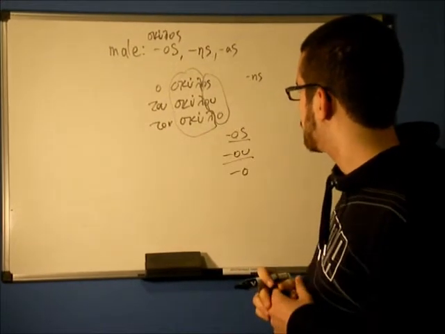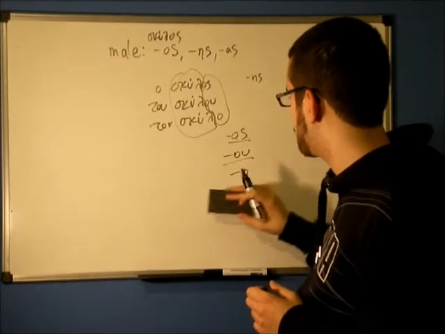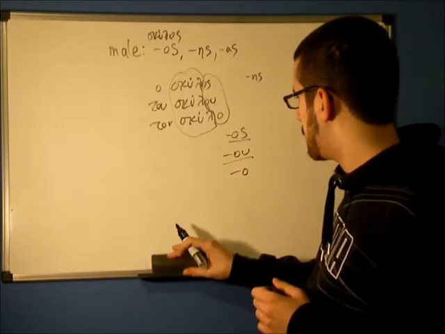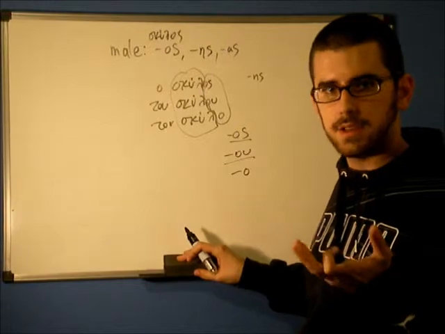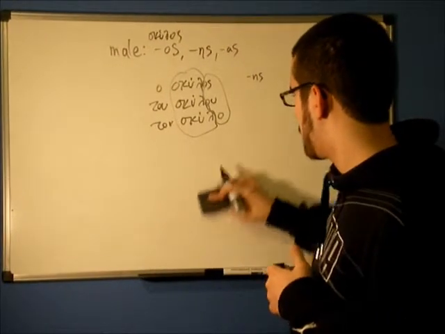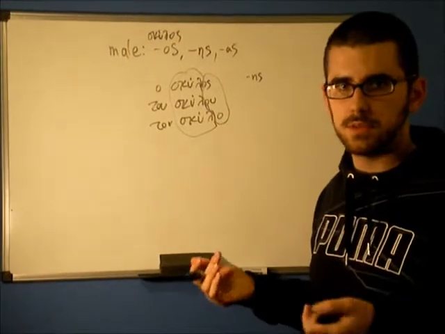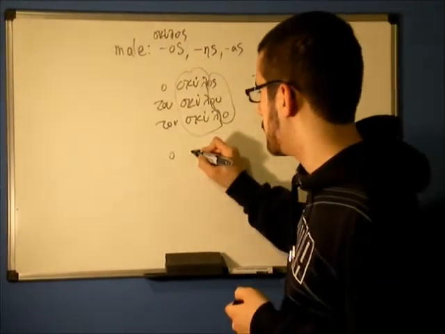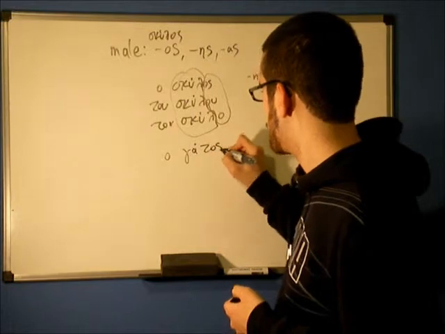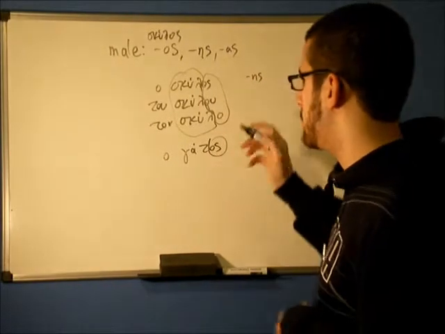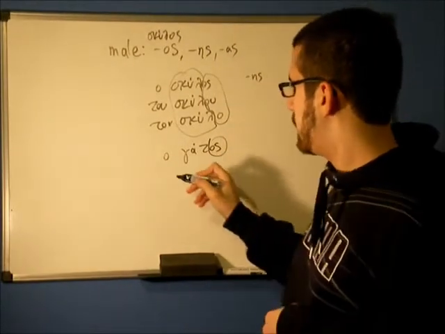If you want to say the cat, but the male cat, right? You can use the cat, which has two genders by changing the suffix from male to female. O gatos, and we just use the animals here, dog and cat.